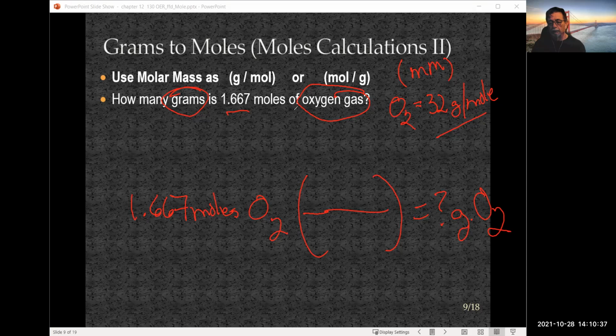That means that I need moles in the denominator and grams in the numerator, because I want my moles to cancel, and we're talking about O2 here. And so my molar mass is 32 grams in the numerator per 1 mole. And I got this from the molar mass of what was given, oxygen gas.